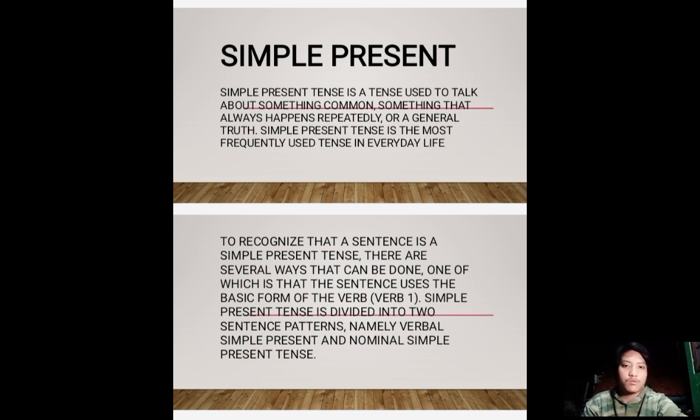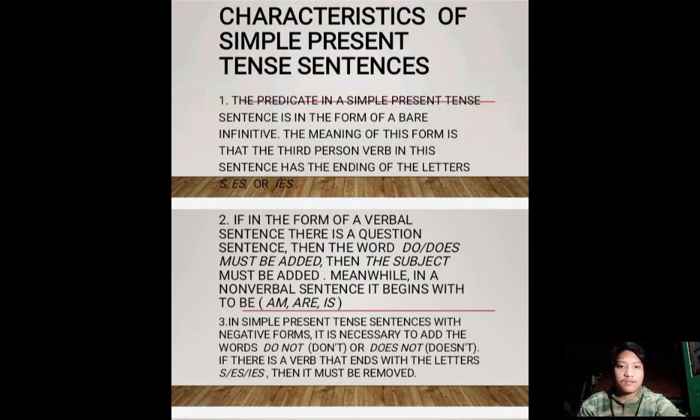Simple present tense is divided into two sentence patterns, namely verbal simple present and nominal simple present tense. Characteristics of simple present tense sentences.